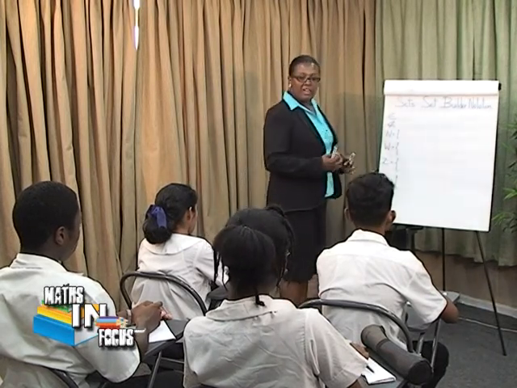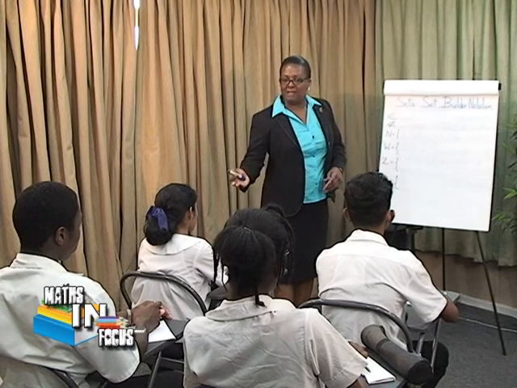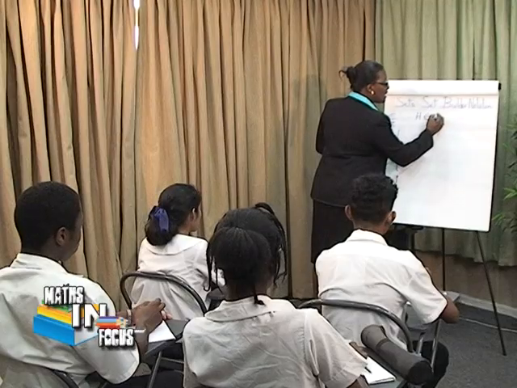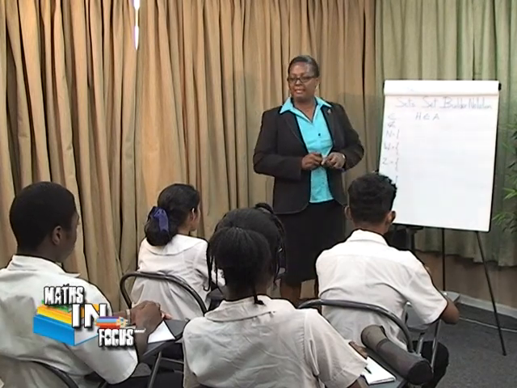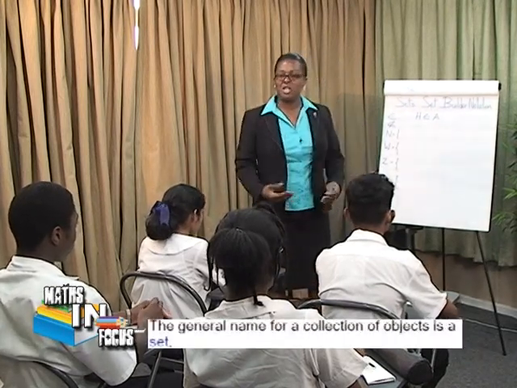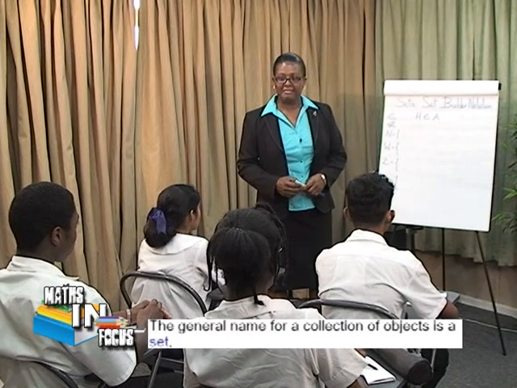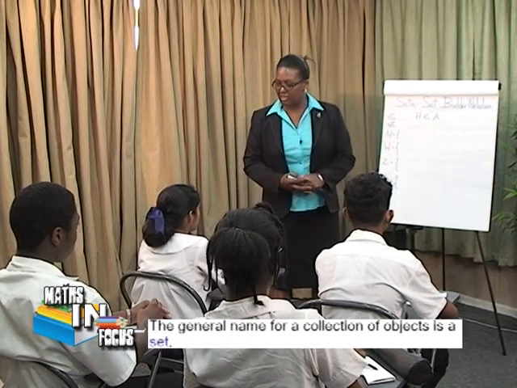Now, if I want to show that Himala is a member of my class, I would write H is an element or member, and let me say I call my class A. Now, Neon is not here today. Neon is not a member of my class today.